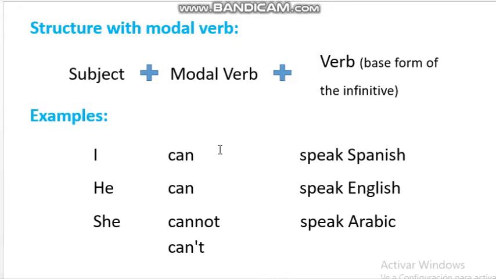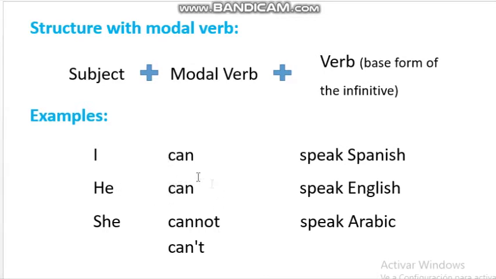Now we do it with the third person: he can speak English. We don't say he cans, as we do with other verbs, adding an s in the third person singular. It doesn't change.